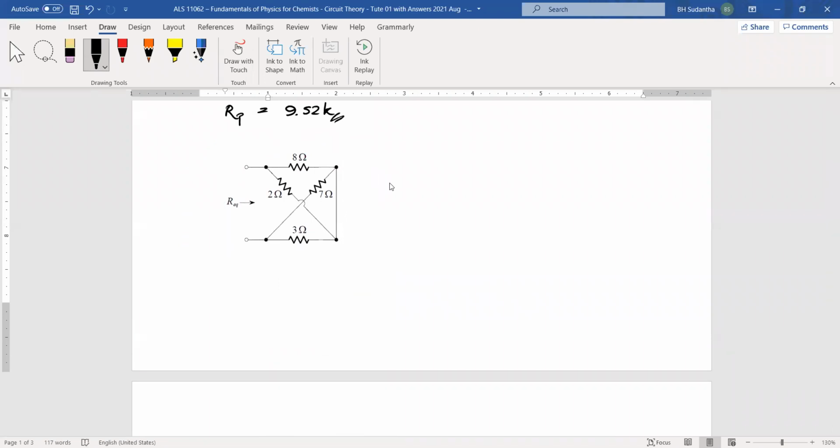We can rearrange these components. From this point, we have this 8 ohm resistor, and from that point, you have 2 ohm resistor.